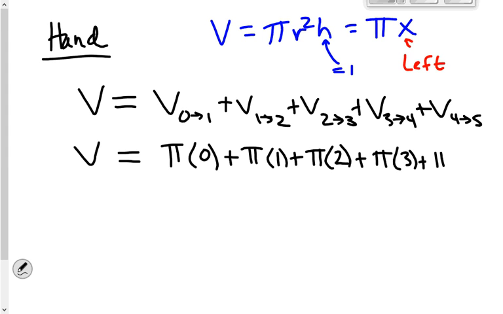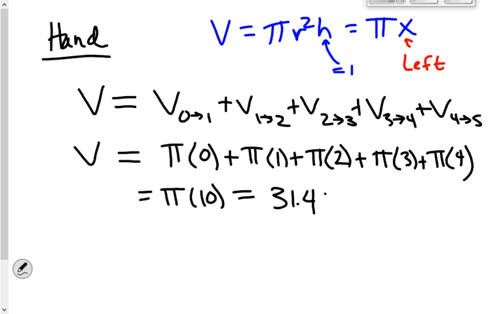And the interval from 4 to 5, pi times 4. So that gives us 0, 1, 2, 3, 4, that's 10 pi. And if you figure out what it is as a decimal, what do you get? Which, surprise, surprise, is exactly what we got with LRAM.